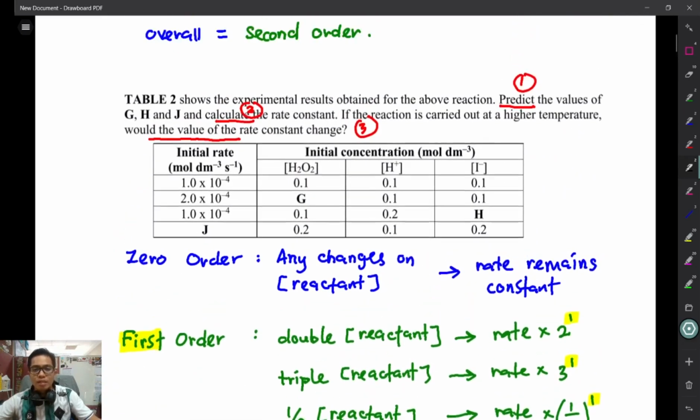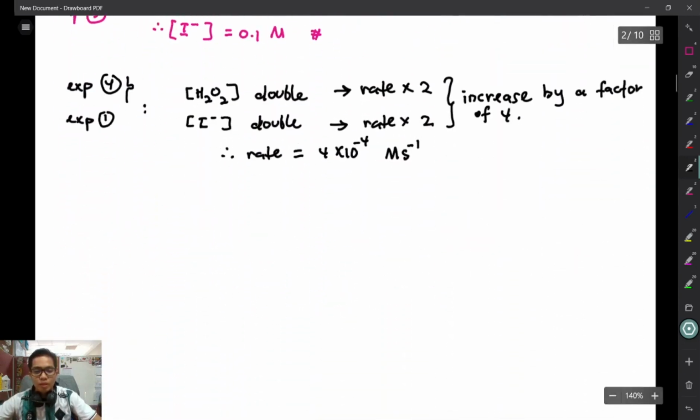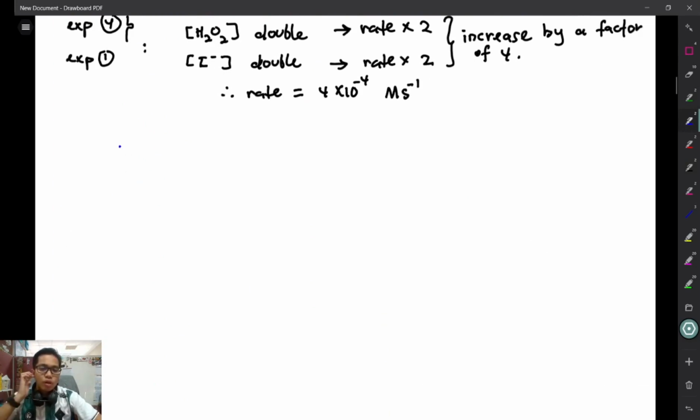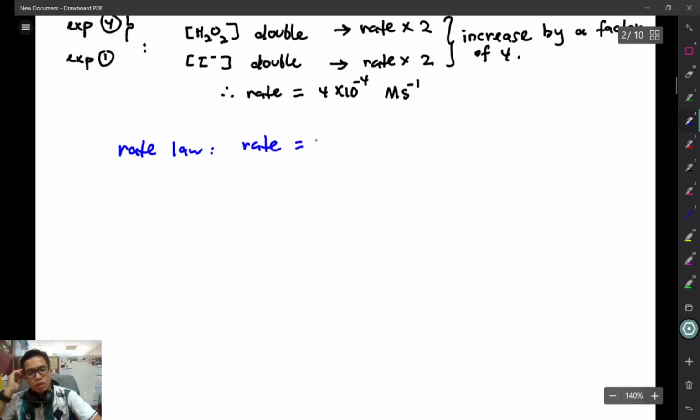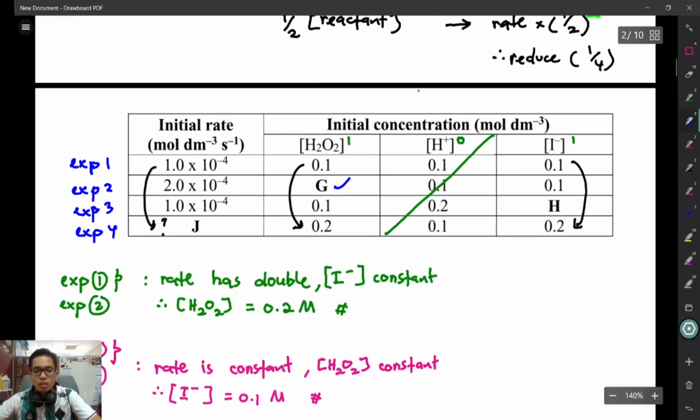Number 2, calculate the rate constant. First we write the rate law. Rate equals K, concentration of H2O2, and concentration of I minus. If you have the values of G, H, and J, you can use any of the experiments to find the rate constant.